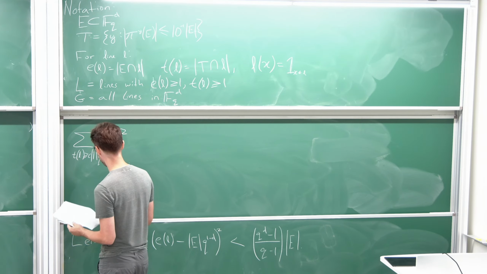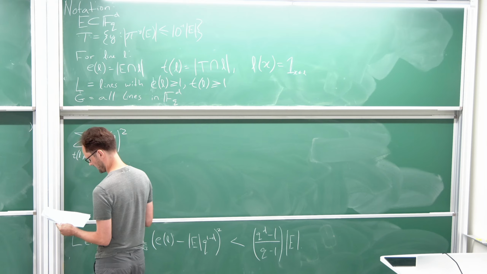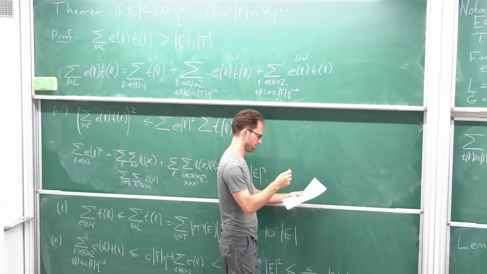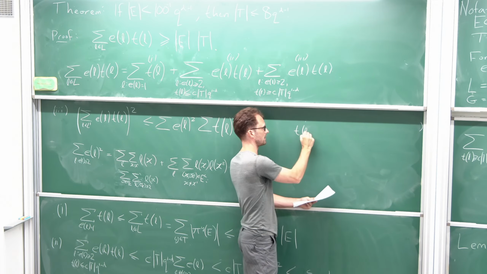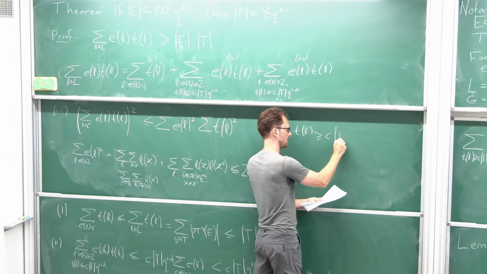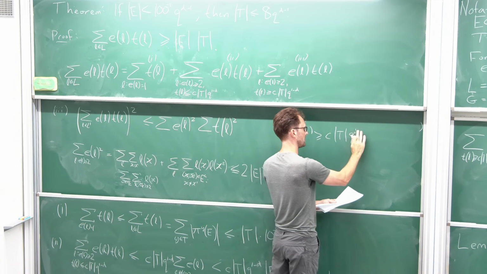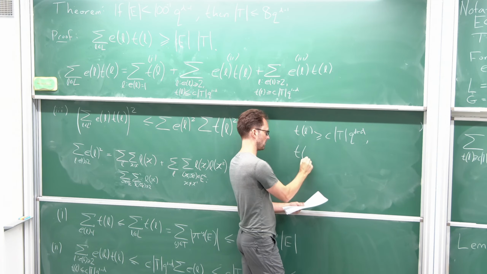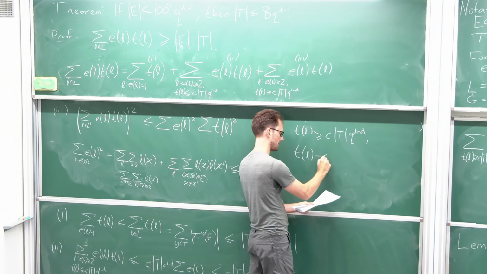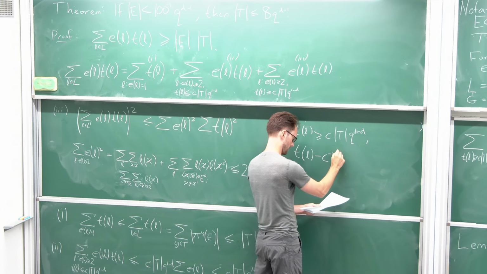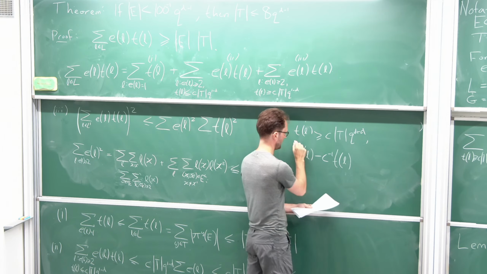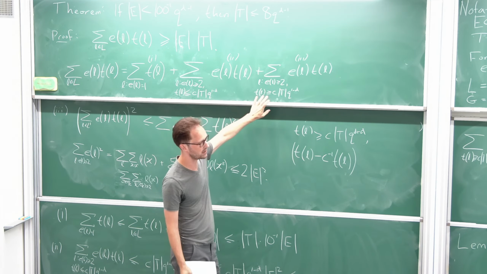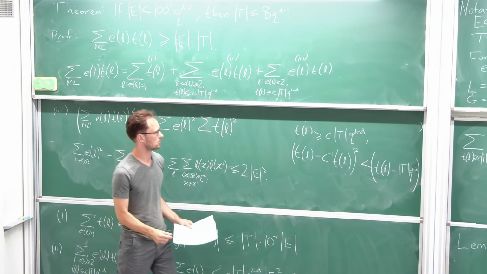Now, something I want to point out here is that since we have T of L is at least C times T divided by Q to the D minus 1, we have this T of L minus T of L divided by C. And here, this is the same C that we've been using, and it's going to be greater than 1, squared.